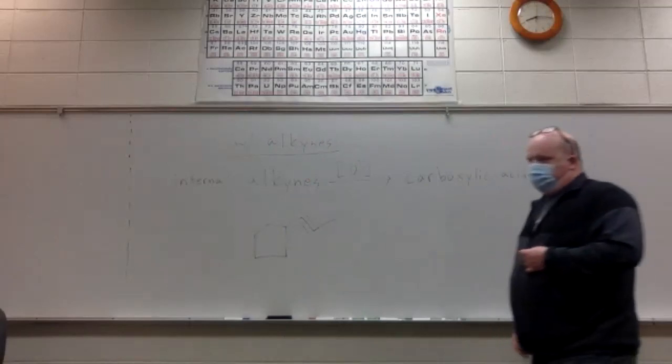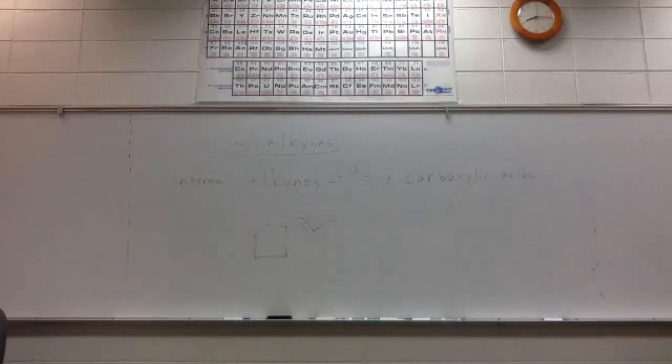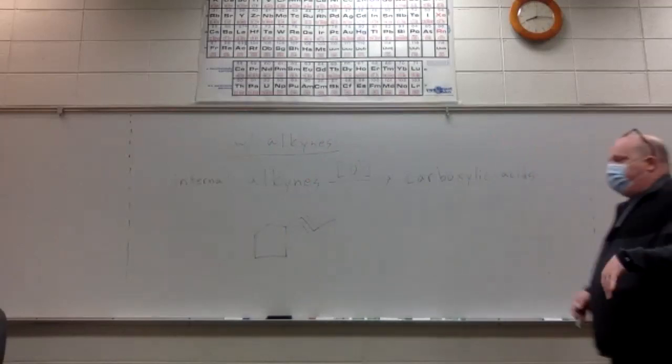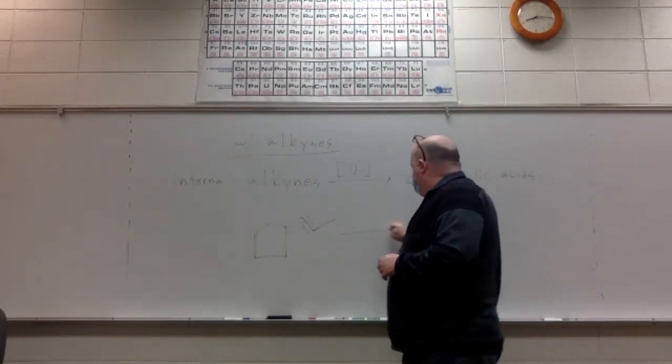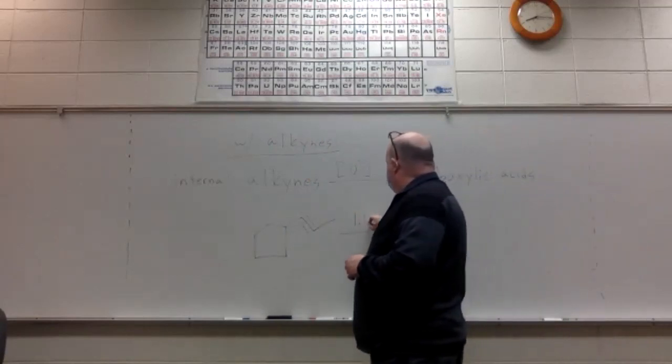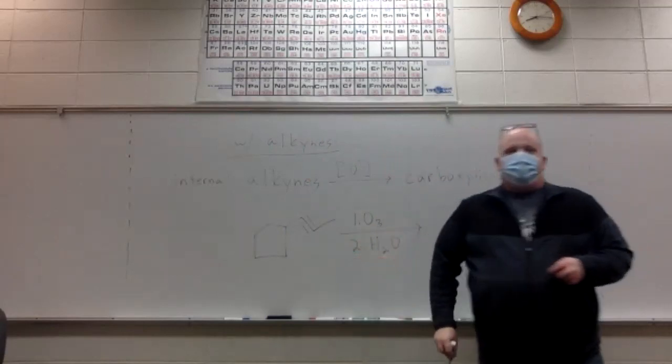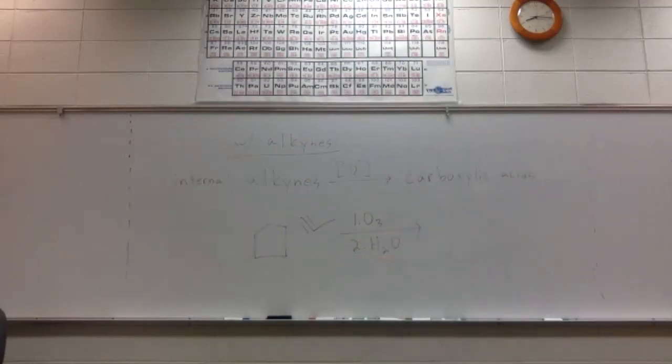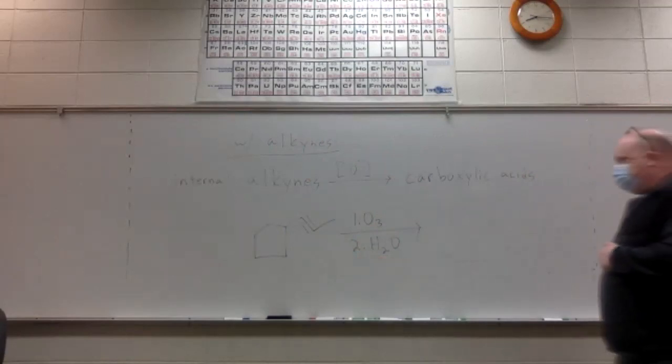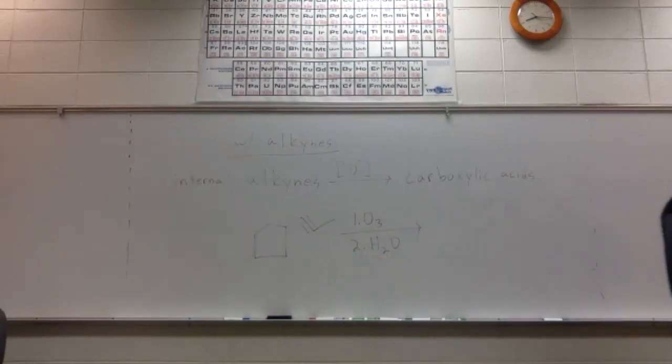All right, let's just say we had that. These are set up very similarly to the alkenes, with one difference. Alkynes are more reactive than alkenes. So with alkynes, you don't need the help of zinc. Those just require water. You don't have to have zinc.